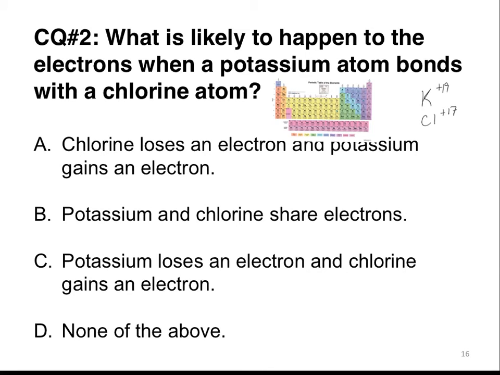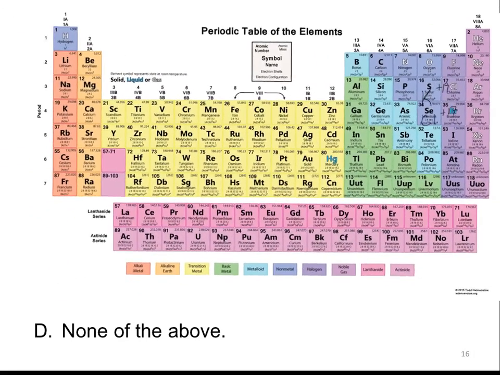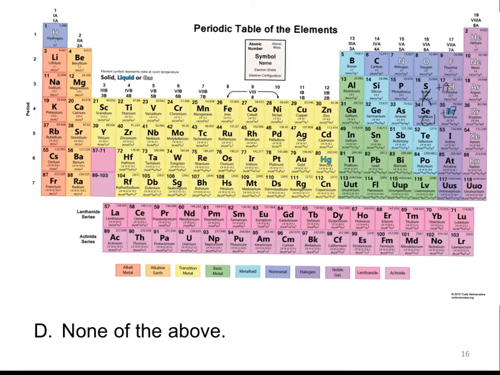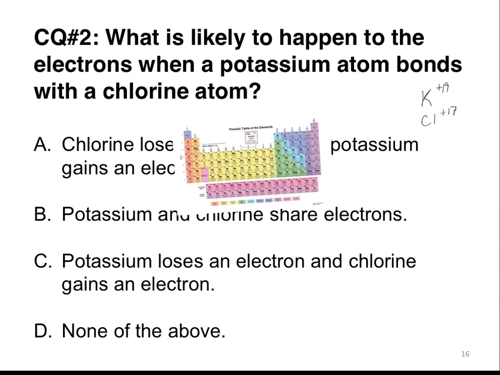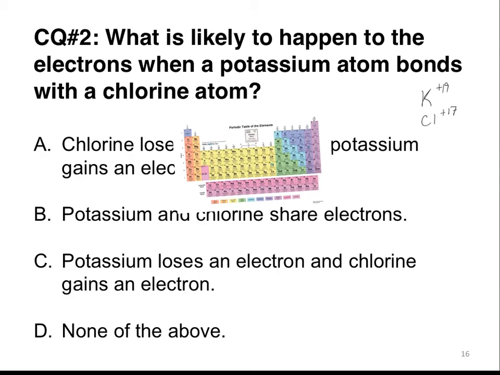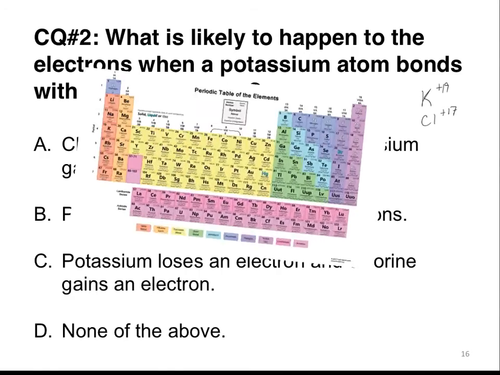Now, yes, I could go through all the trouble that I just went through and draw out the Lewis dot structures with all the inner electrons and outer electrons. But which one am I really interested in? I'm only interested in the valence electrons for the two atoms, potassium and chlorine.